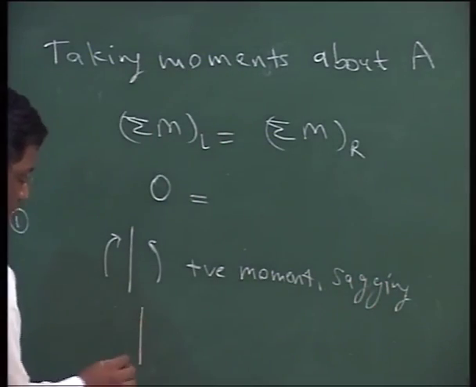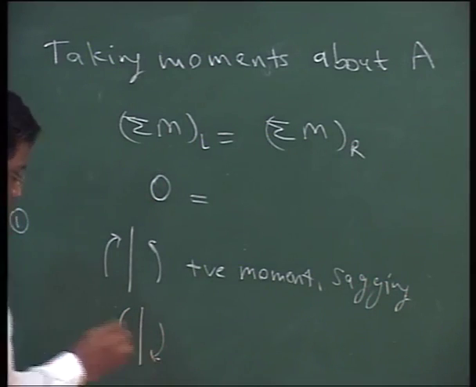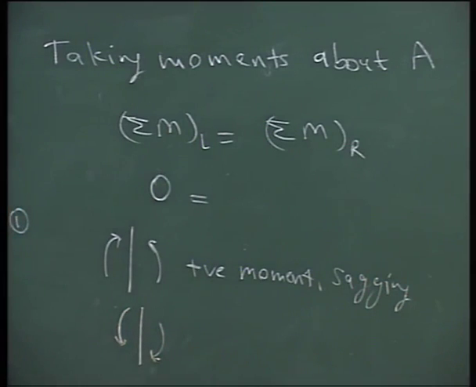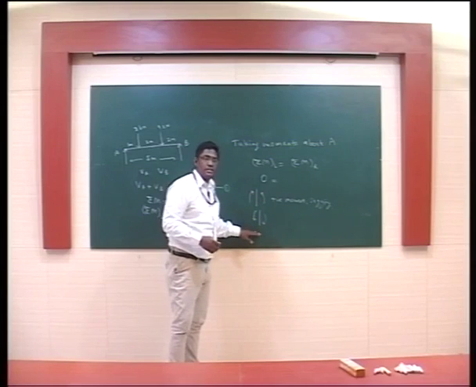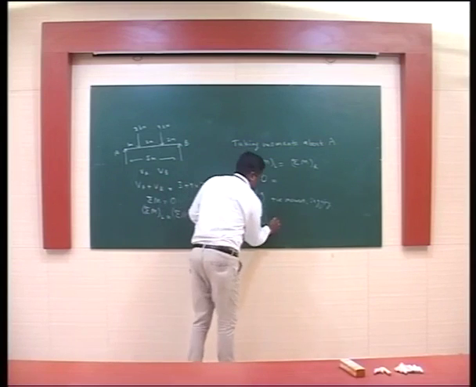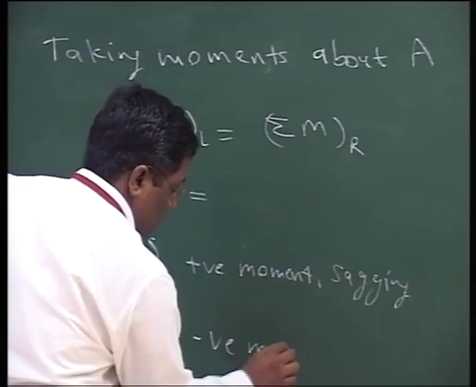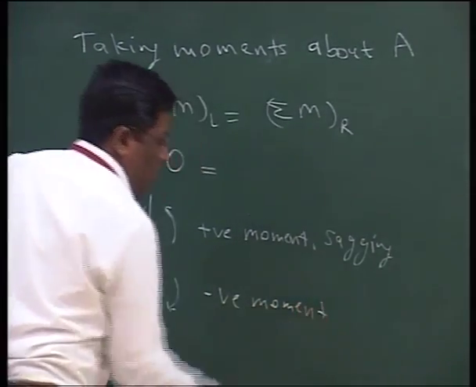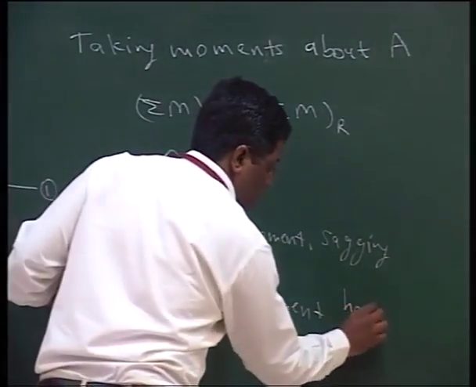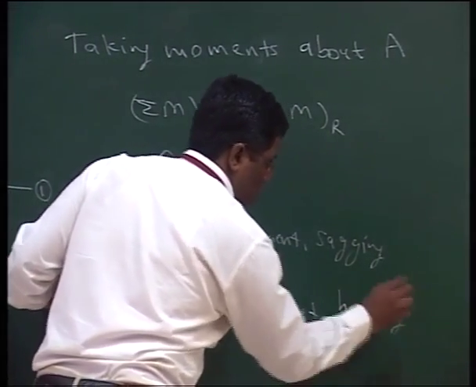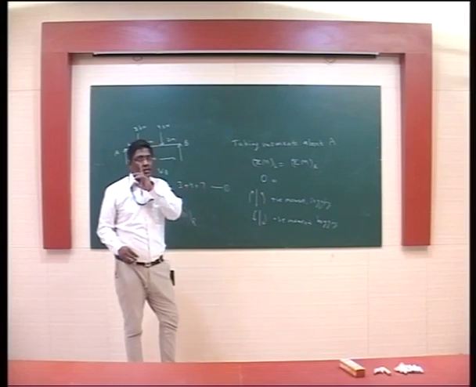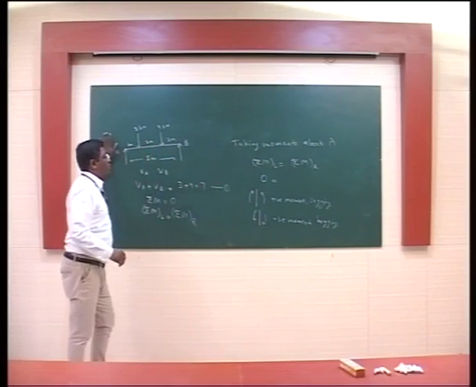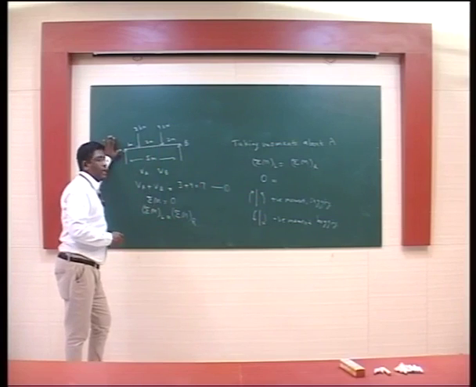In the same way, if the moment is caused at any section by forces on the left or right side of the section, but in the downward direction, then it is negative moment or hogging moment. So now, taking this sign convention, we will analyze this beam and find the values of VA and VB.